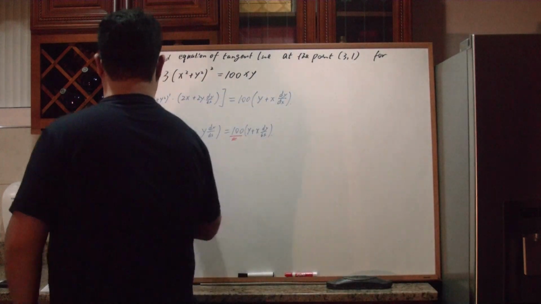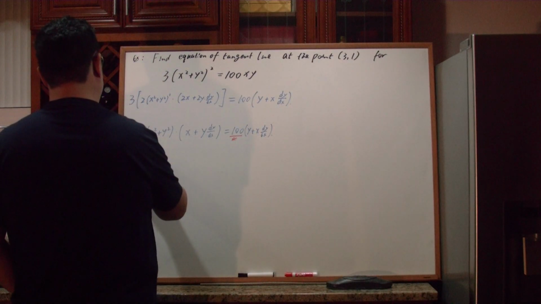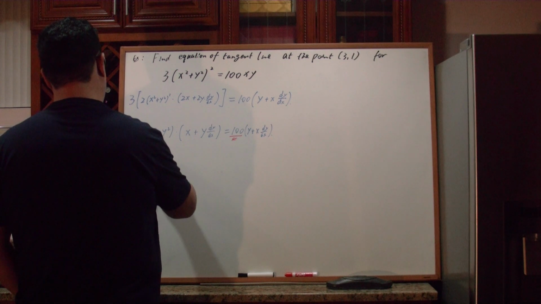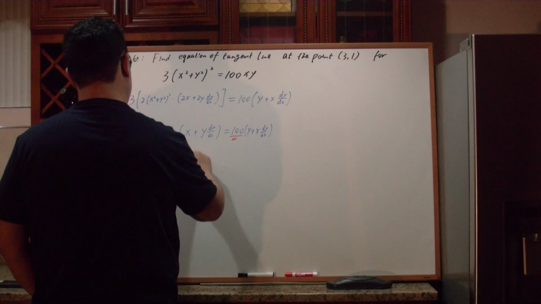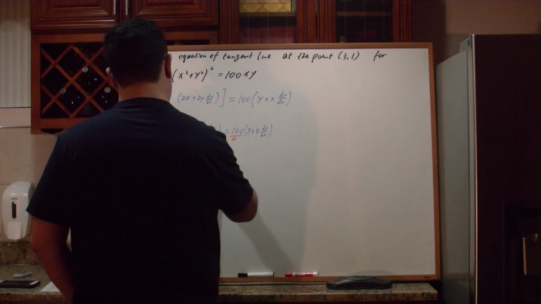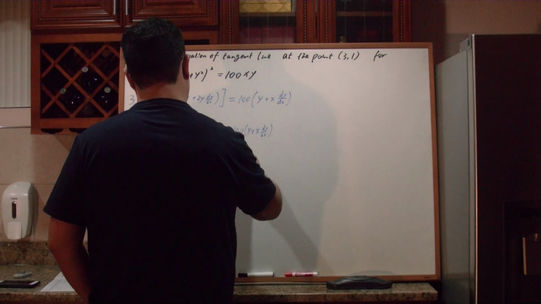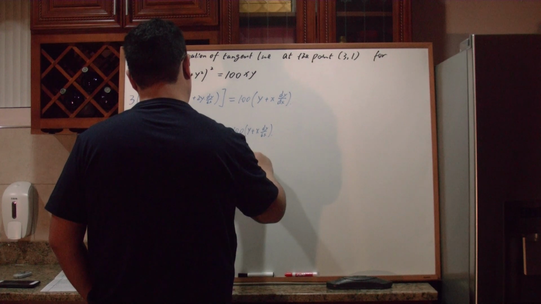Since they don't ask for dy dx, what we can do is take 3 times (x squared plus y squared) times (x plus y dy dx) equals 25y plus x dy dx.